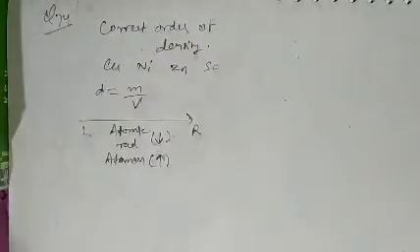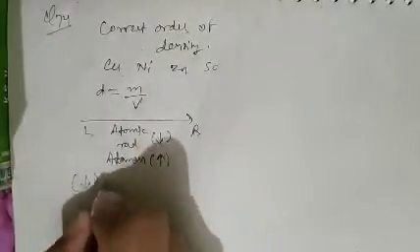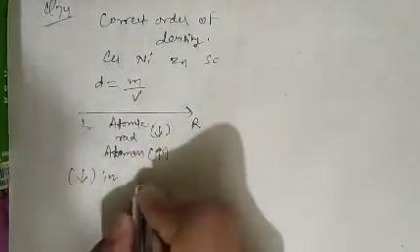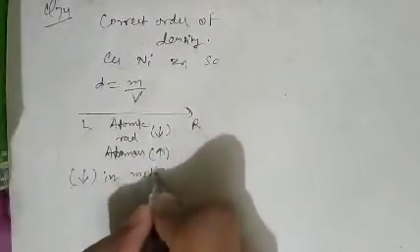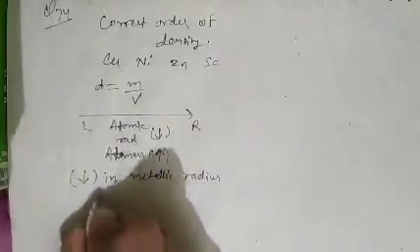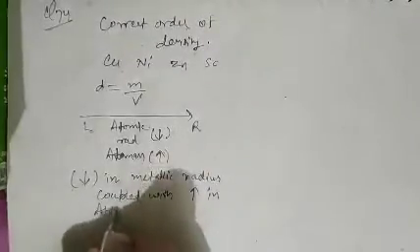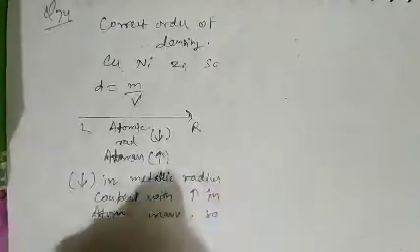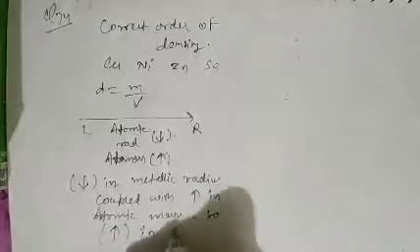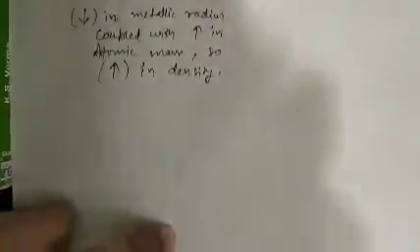So the decrease in metallic radius coupled with increase in atomic mass means there is an increase in density.